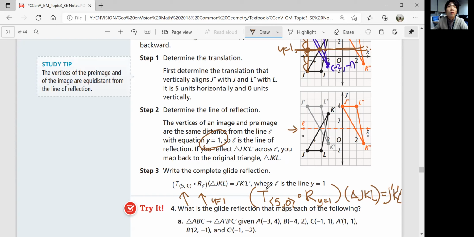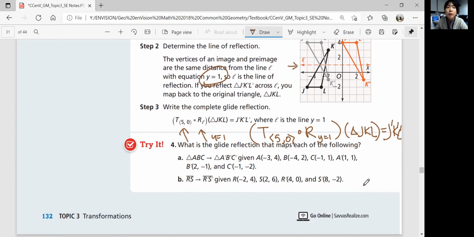If you don't want to write the next phrase where L is the line Y equals 1, you can just put that information under your reflection.